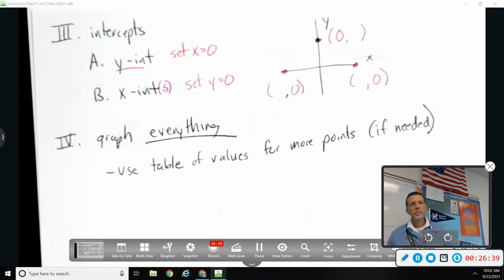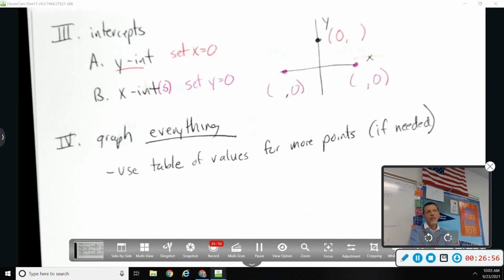If needed, because sometimes you have a ton of stuff. Like you've got a couple of holes, a couple of vertical asymptotes, a horizontal asymptote, a Y-intercept, maybe 2 X-intercepts. If you have all of that, that's probably enough to know what the graph looks like.